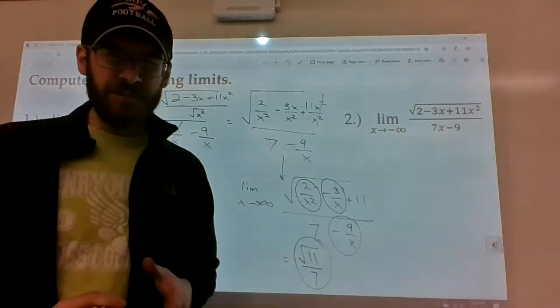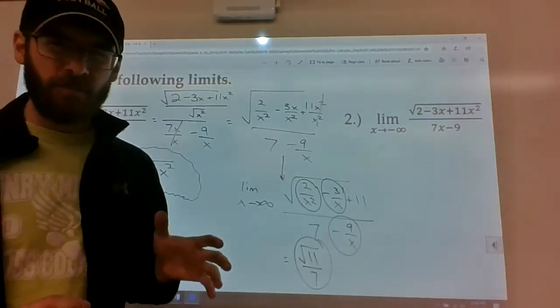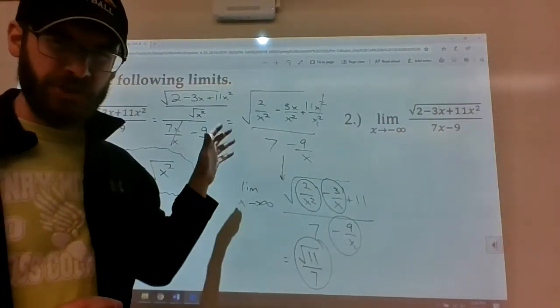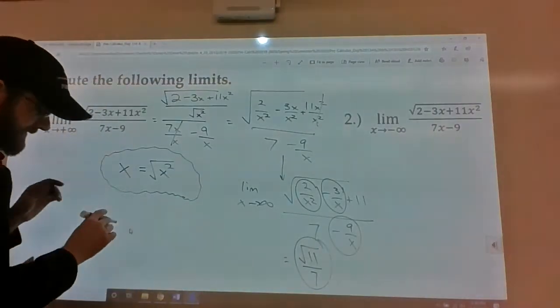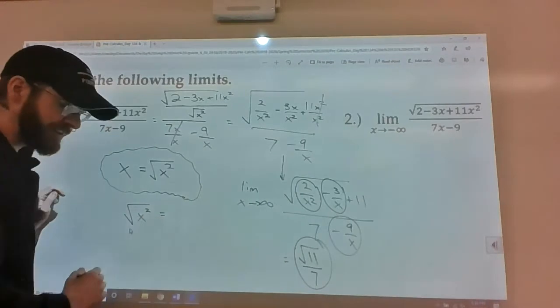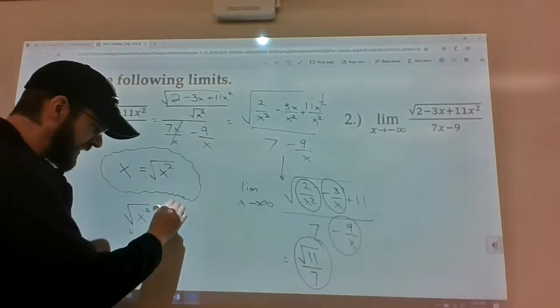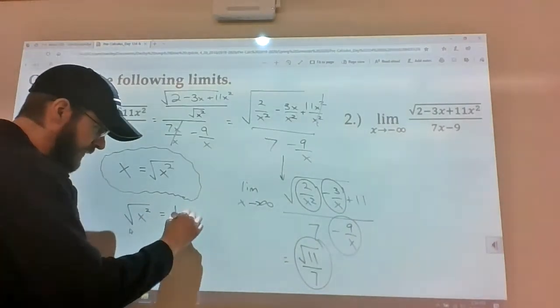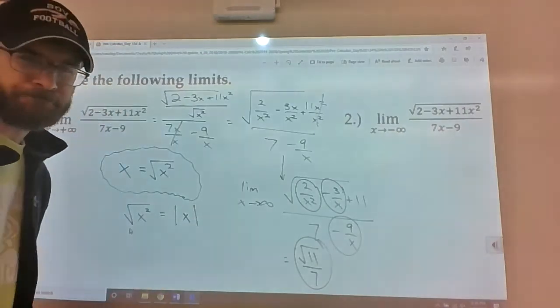Now, technically, I should explain one nuance to this that wasn't shown on number 1. Technically, the square root of x squared doesn't equal x. It equals the absolute value of x.